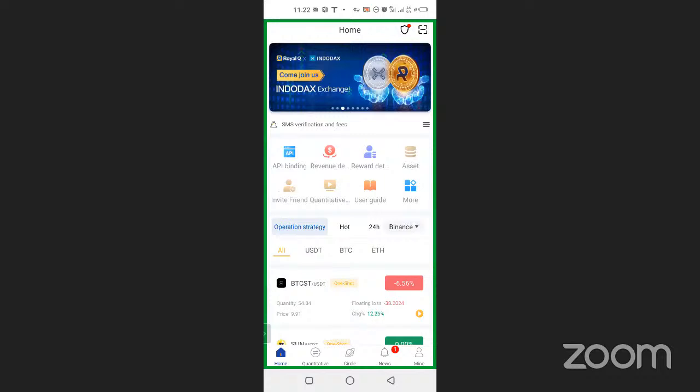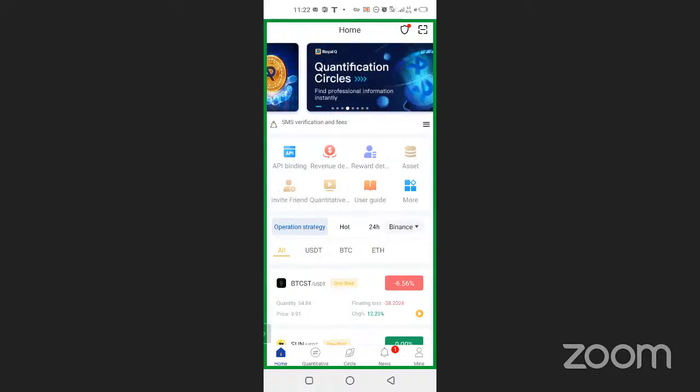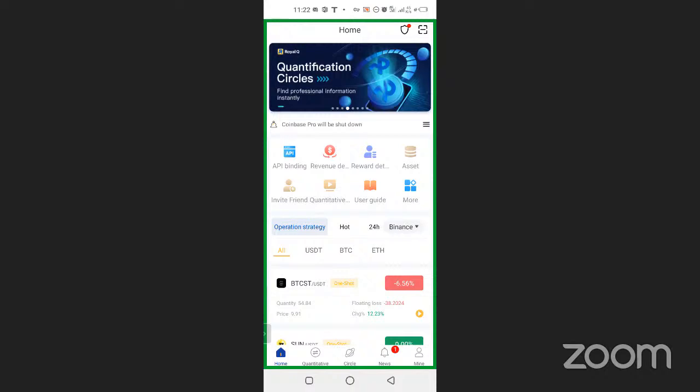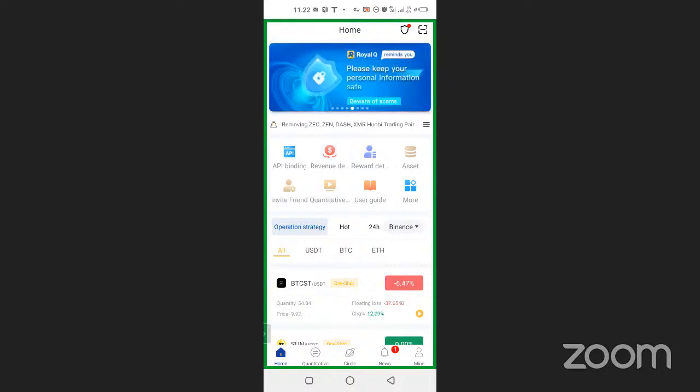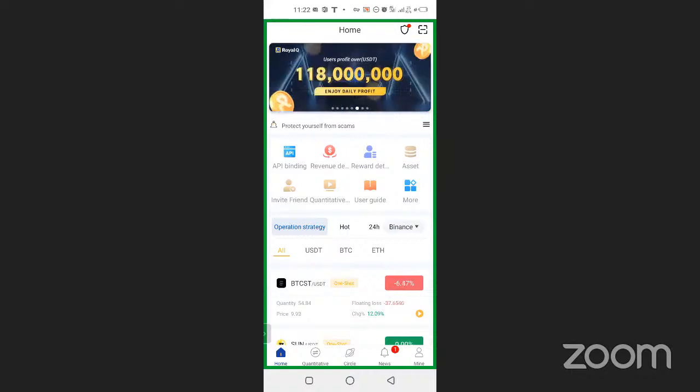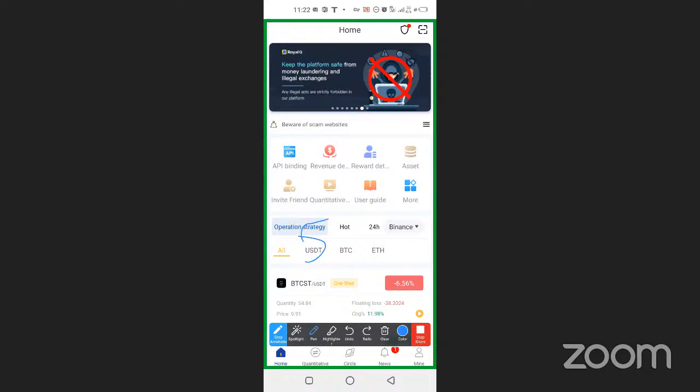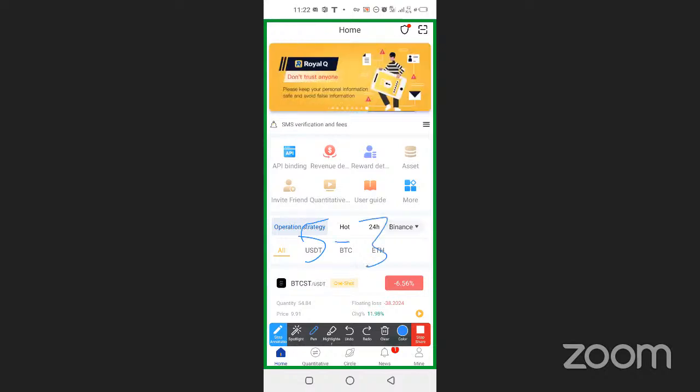But basically, you can follow the signals we provide on the group. When I give, let me say, 5 signals, I know at least 3 of them will deliver. The 2 will not.